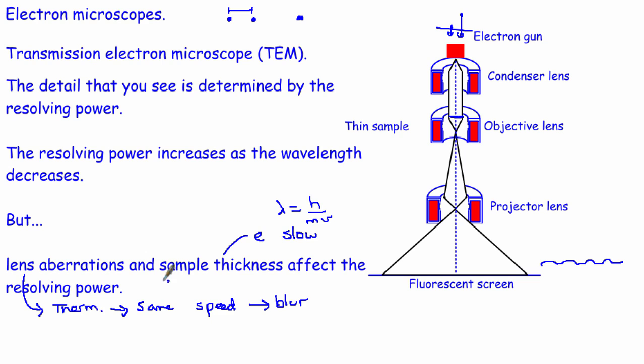The other thing is that these lens aberrations apply to the lenses themselves, because no matter where the electrons are on here, they should all be focused in the same way. However, that doesn't happen.